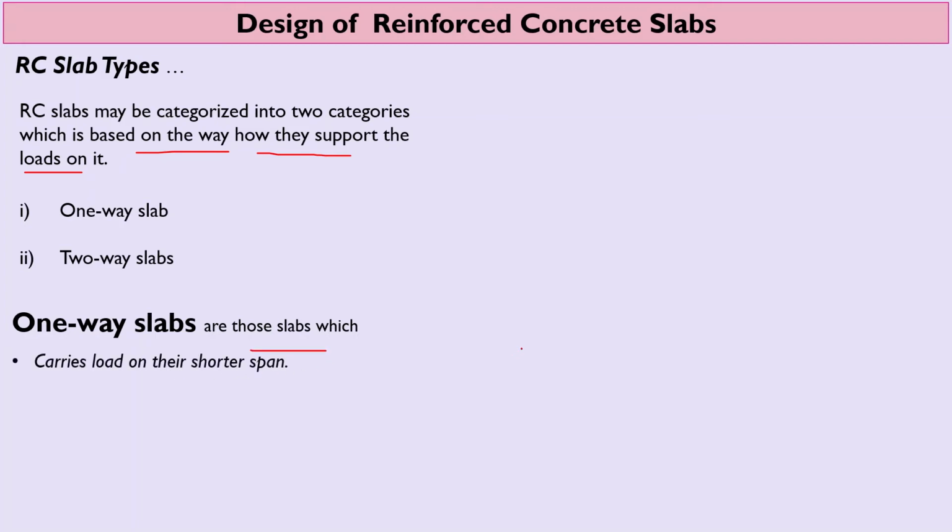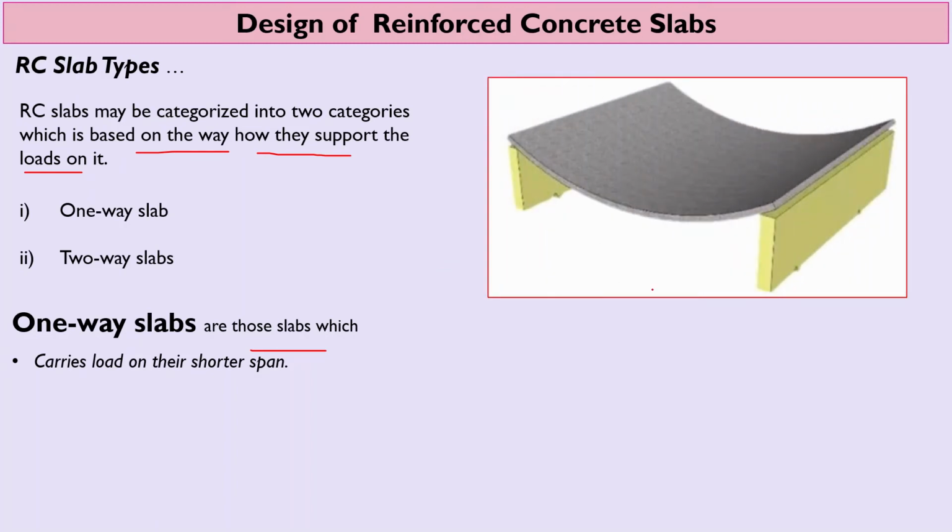You are well aware that if we take a slab, it will have two dimensions, so two spans we can say. One will be the longer span, the other will be the shorter span. So when the load is directly carried by the shorter span, that type of slab is known as a one-way slab. Now you can see from this diagram, there is one support and another support, just like two brick walls.